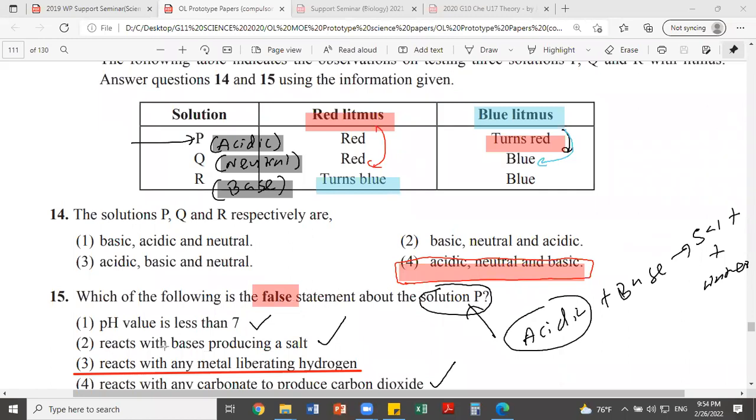Underline the word any: solution P reacts with any metal. Remember, metals like silver, gold, platinum do not react with acids.